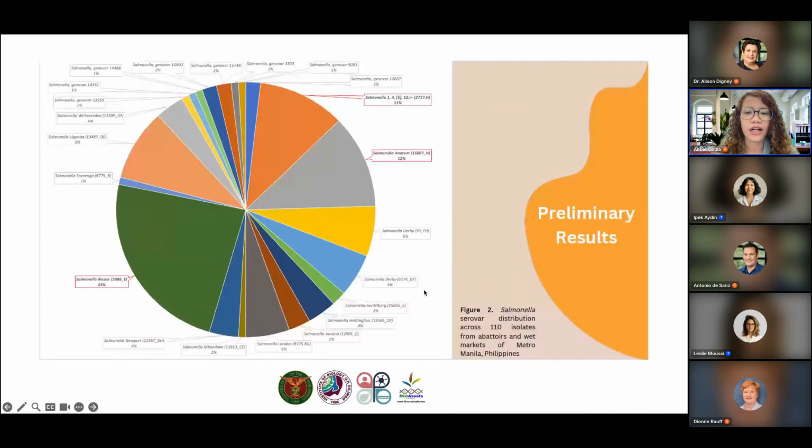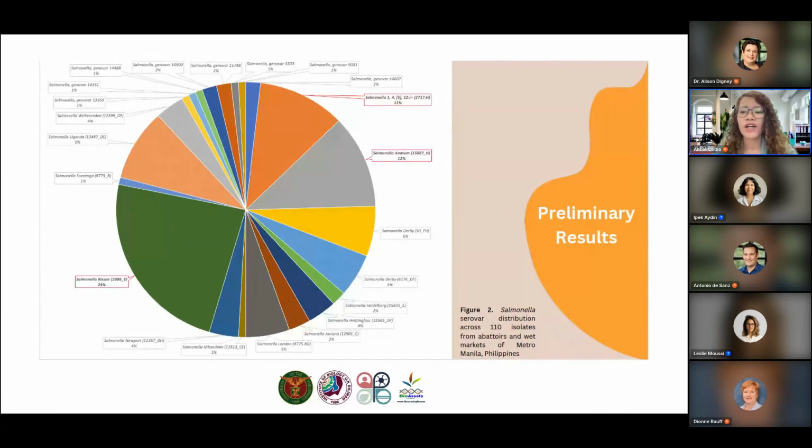From this figure, this is the serovar distribution across the 110 isolates that we have revived so far. As you can see from this pie chart, the noted Salmonella serovar from those samples is mostly Salmonella Regent, gaining 24% of the 110 samples, and then Salmonella Anatum and Salmonella 1,4,[5],12:i:-.